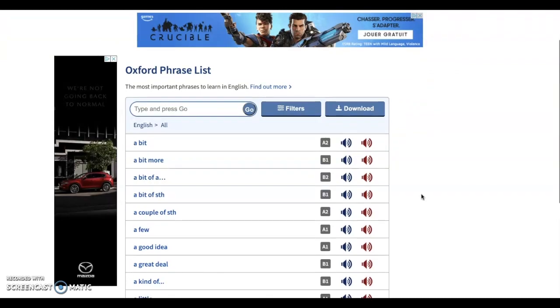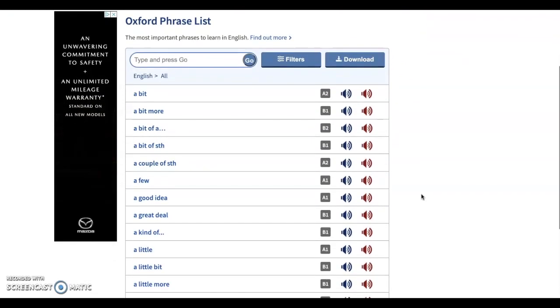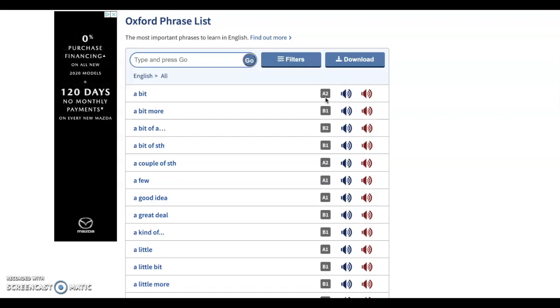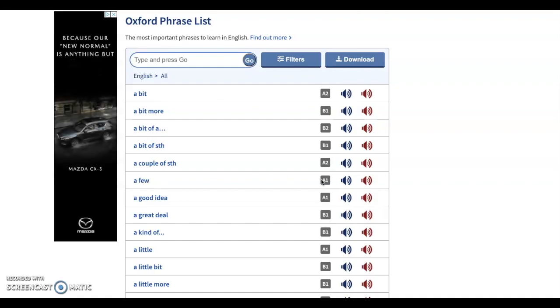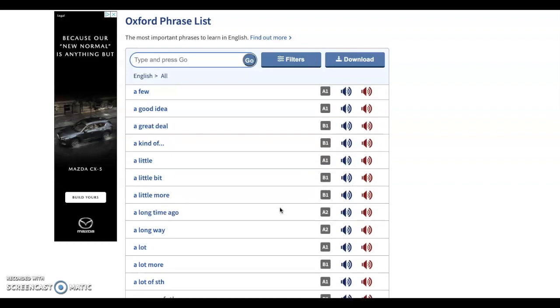Here, we don't only have a list of words, but we have a list of phrases that are very useful, categorized based on level. So, for example, a phrase like a few is categorized as A1. So even beginners know this and probably use it. Or take a look at the phrase a good idea, also an A1 level.